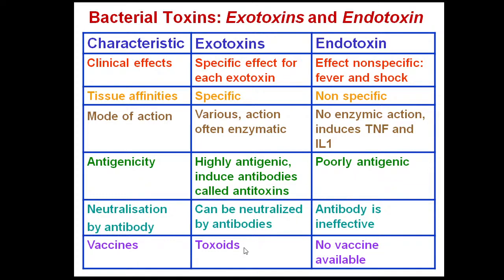So we should do something with the exotoxin to make it not so toxic, but retain immunogenicity and antigenicity. This is detoxification of the toxin, and the resulting substance is called toxoid. So what is the relationship between exotoxin and toxoid? Toxoid is non-toxic exotoxin. Understood?